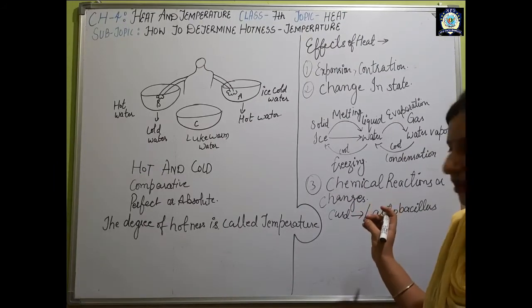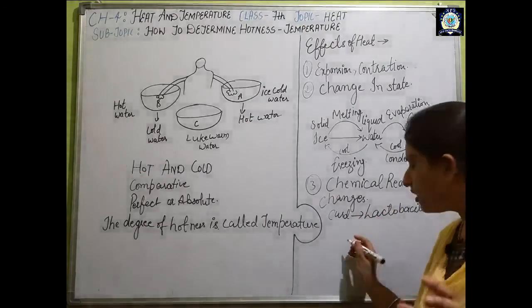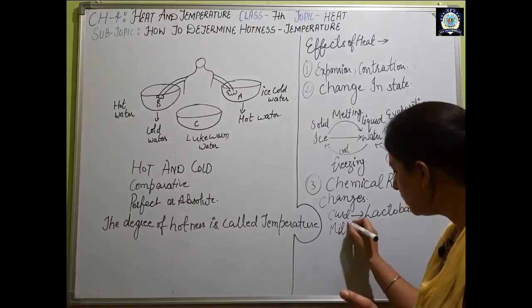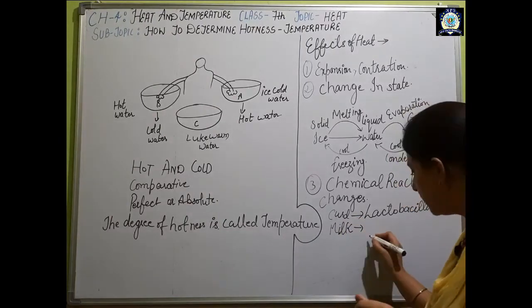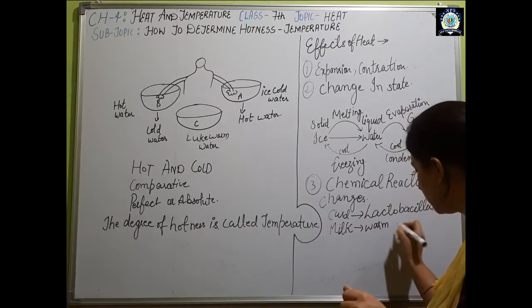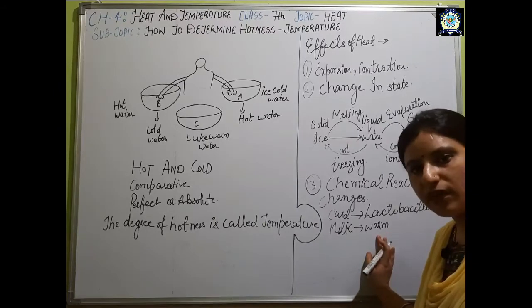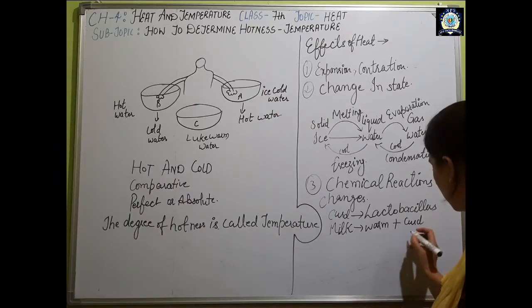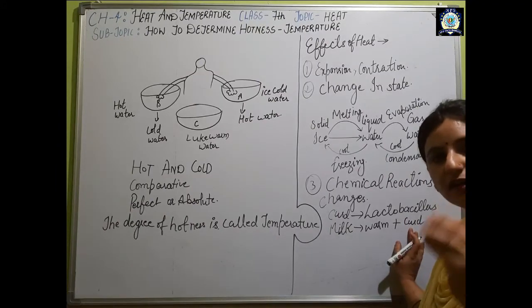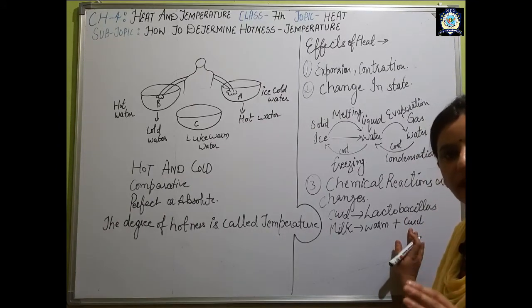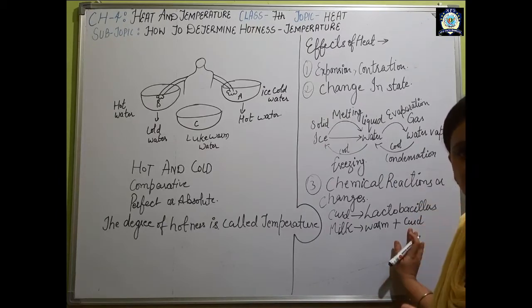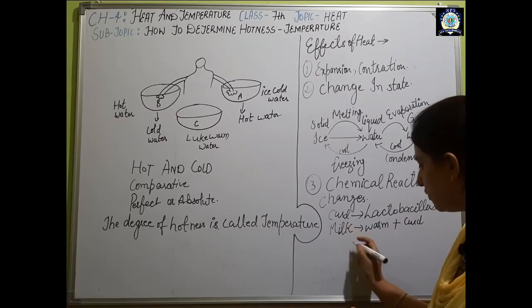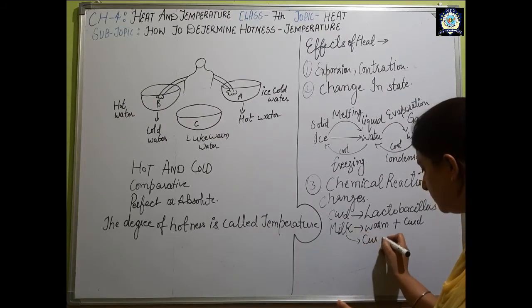So to make the curd, the milk is first warmed up to a certain temperature. After warming the milk we add curd, and when we add curd in small amount, within 5 to 6 hours this milk will change into curd.